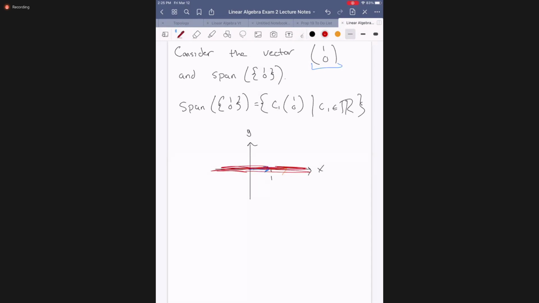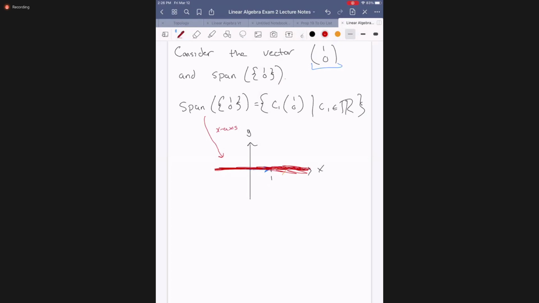If I make it twice as long, all the vectors are going to lie on this line, right? So this would be the span of (1, 0). It will be the x-axis, right?